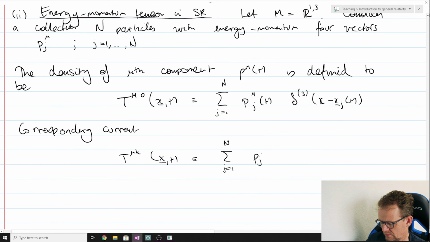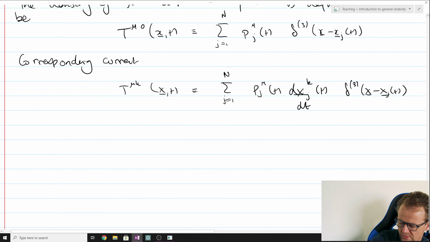So we've got p^mu, that's the mu-th component of 4-momentum. Now, where's it going? Well, where it's going is given by the velocity. So that's dx^k/dt.